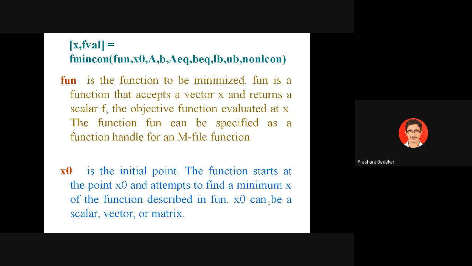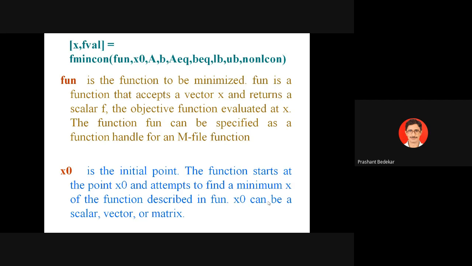What are A and B doing? A and B take care of linear inequalities. A takes care of the left hand side of the linear inequality. B takes care of the right hand side of the linear inequality. Aeq, Beq. What are Aeq, Beq?